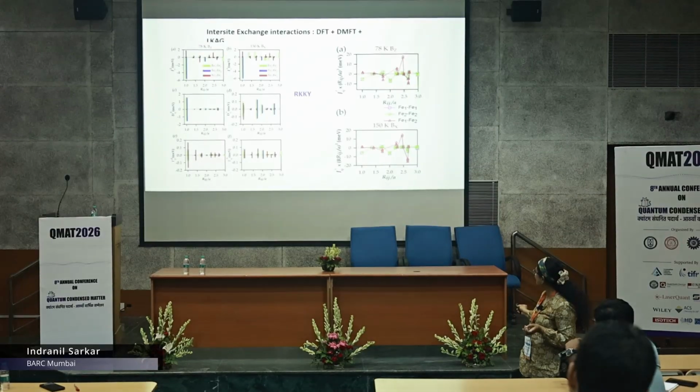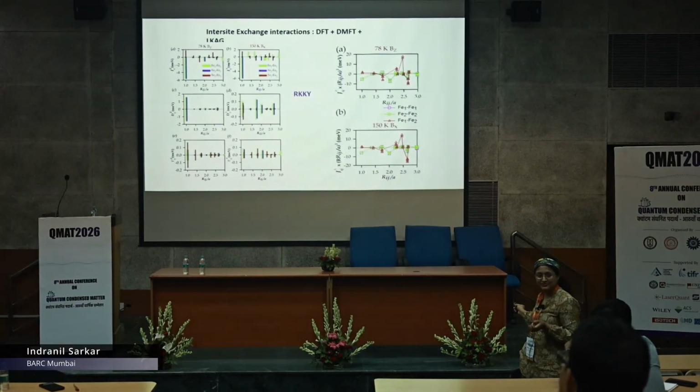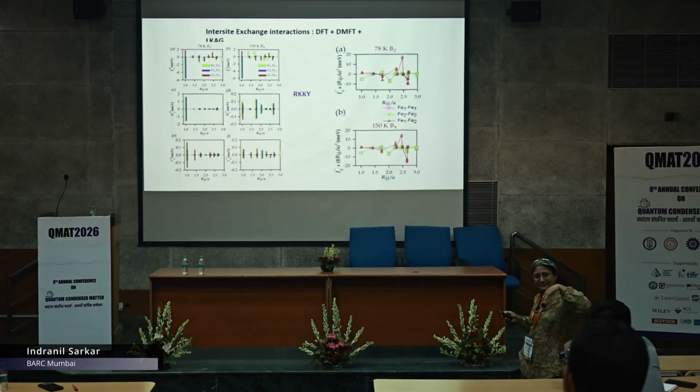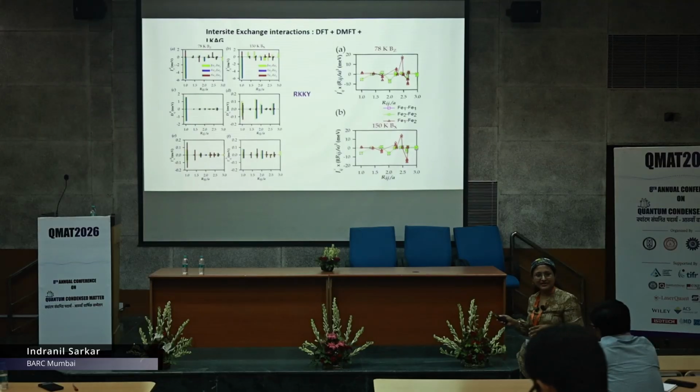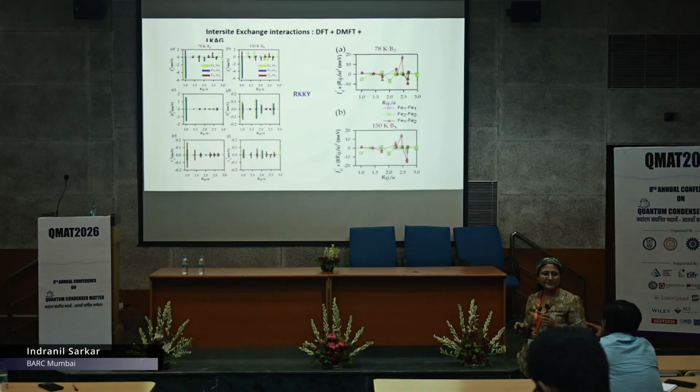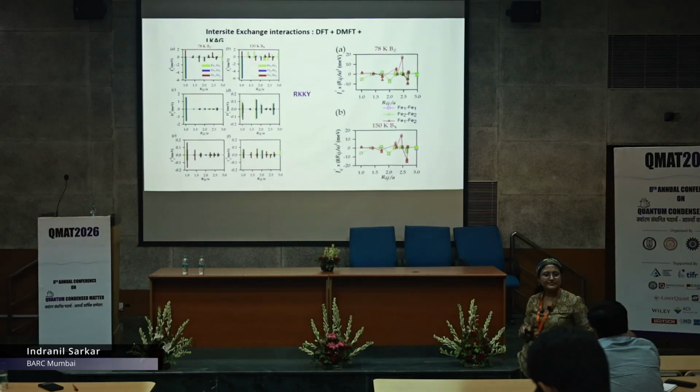But if you plot that with respect to Rij by A and get this fluctuating plus-minus behavior, then it is the RKKY that is almost known. That happens because the localized magnetic moments interact through the delocalized conduction electrons. As for the spiral ordering, whether it is a result of long range interaction or simply nearest neighbor, I would say it is a long range interaction.